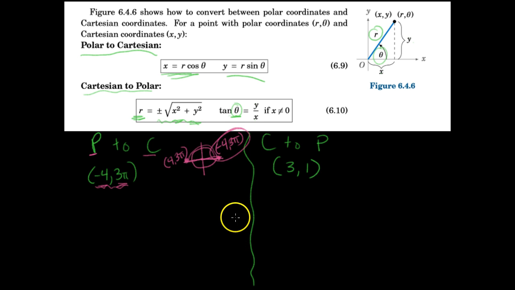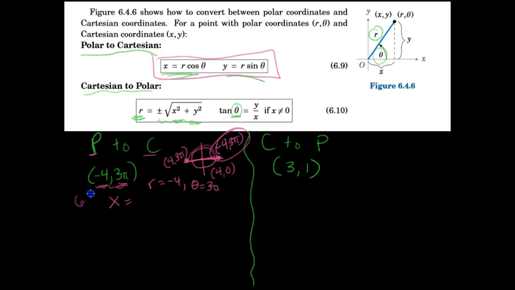All right, so I'm going to do this even though this one would be obvious. This point right here is going to be 4 comma 0, just because I know that I'm 4 units away from the origin and the y value is 0. If you didn't know that, you can just use the formula. So identify r is equal to -4 and theta is equal to 3 pi, and plug it into formula 6.9.